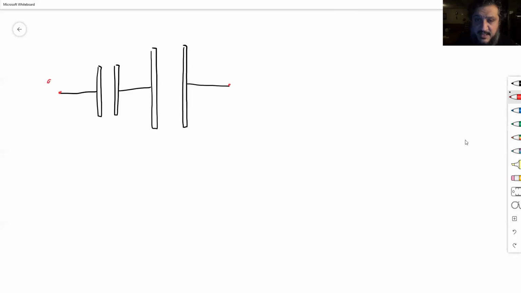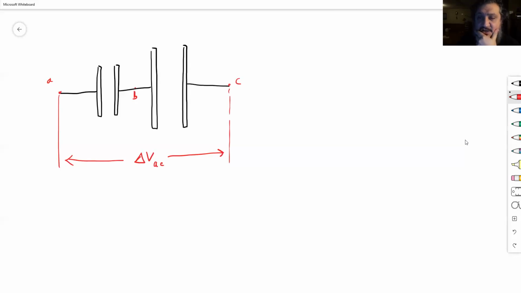Let's name these A, B, C. These are nodes or points on the wires. So I have a non-zero potential between these two. Delta V, or delta VAC.